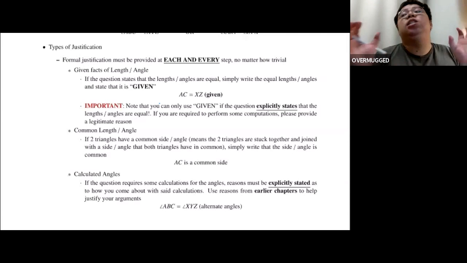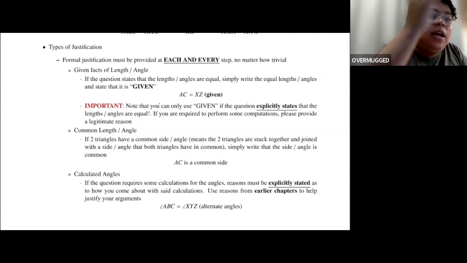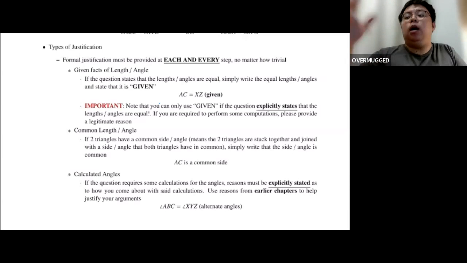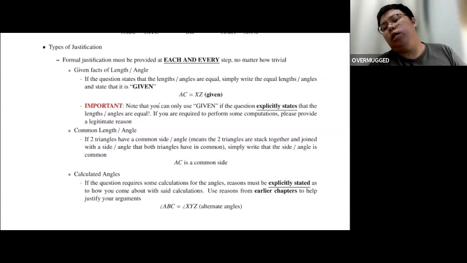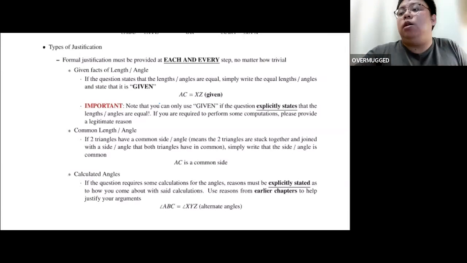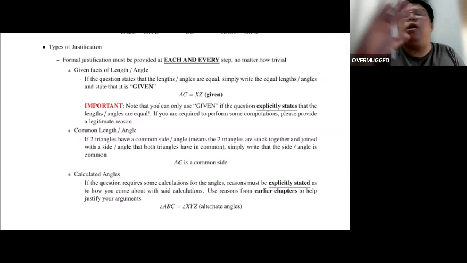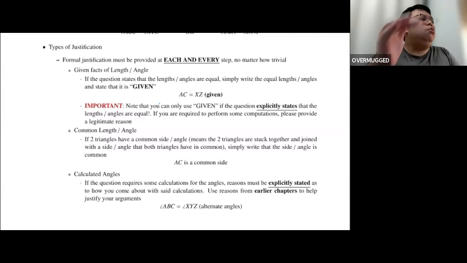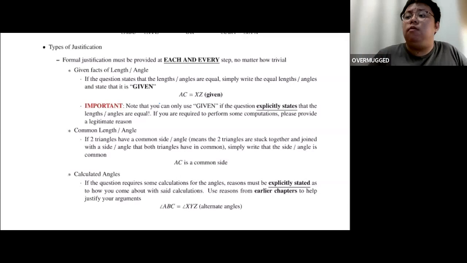The question must literally say angle ABC equals 90 degrees. Then I can write in my answer angle ABC is 90, given. But if you have done some calculation somewhere, or you observe there's an alternate angle, or you see something, that is not given in the question, you cannot say given because it is not given to you.